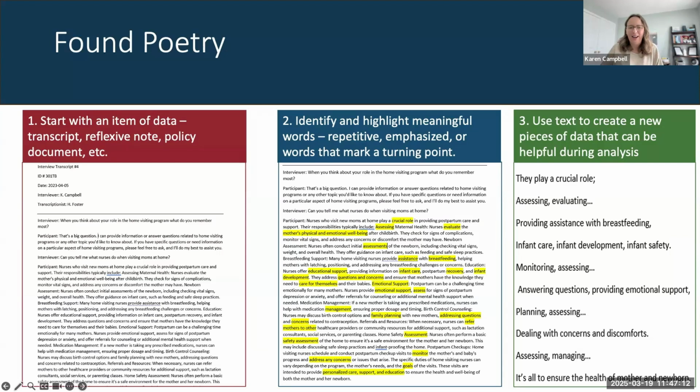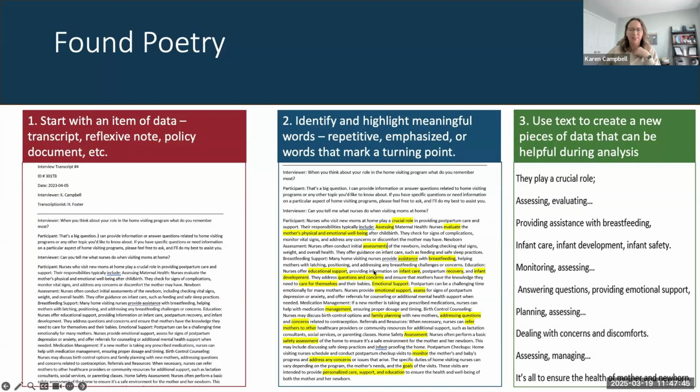This is another interesting technique. I do have a paper about this, and I used it to help me understand what was going on in the data. So in found poetry, what I did was take a transcript, and from that transcript, I identified words that were really poignant, and I actually call these turning points.